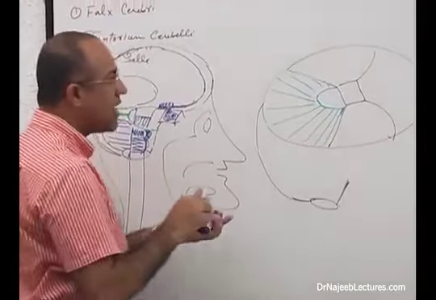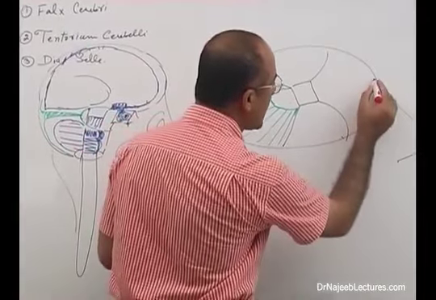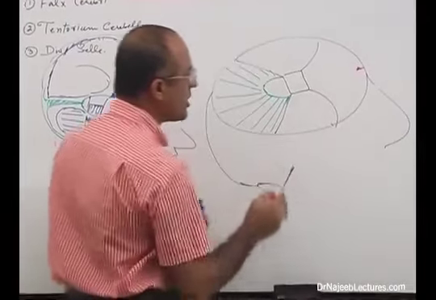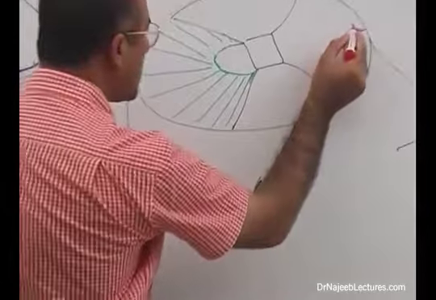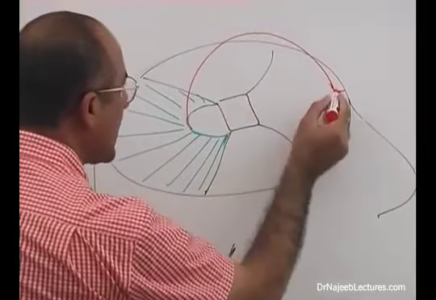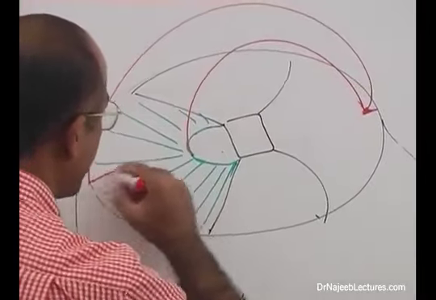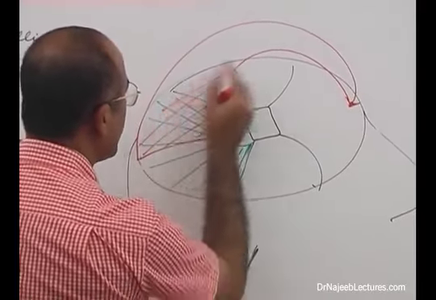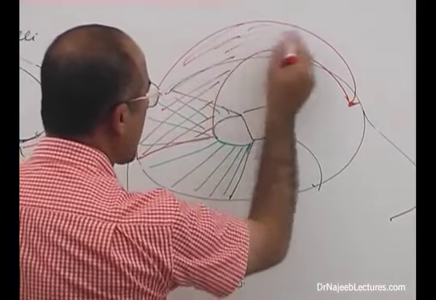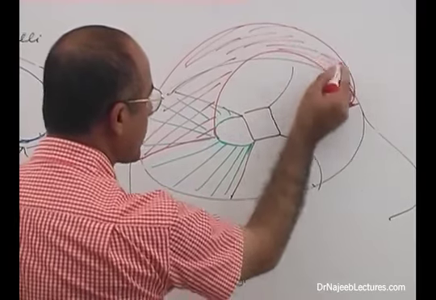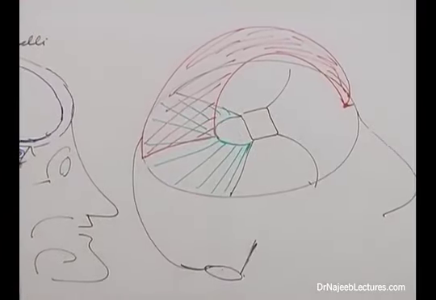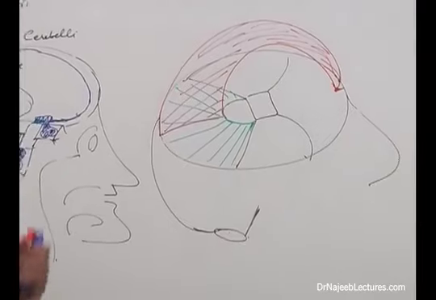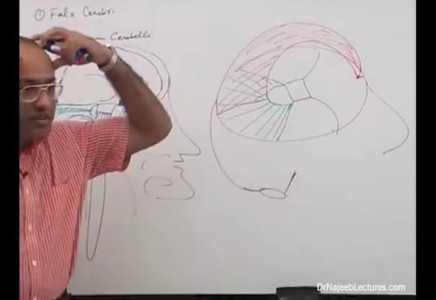The other fold is a fold of dura mater that starts from the crista galli. This fold of dura mater moves like this, and it gets connected. Look, this is one hemisphere, this is the other hemisphere.